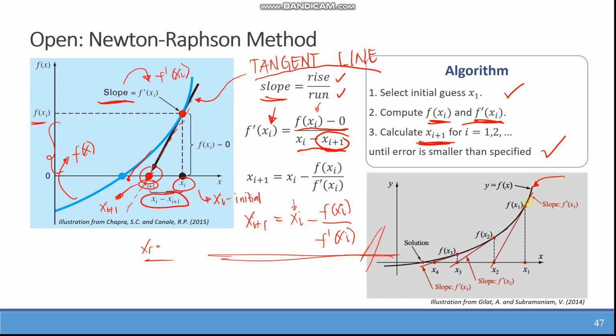We have a curve, and then we have our first assumption, and we have the slope and the tangent line. So this is the initial guess, and then this is the second point calculated using this formula. And then we just apply the tangent line there until we get close to the correct solution.